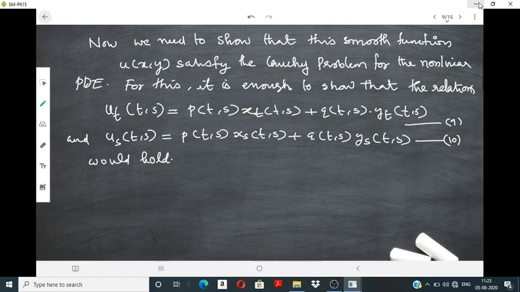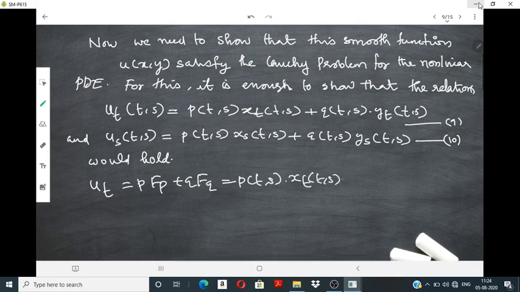We know the third characteristic equation. What was the third equation? ut is equal to pfp plus qfq. This was the third equation. So p of ts into fp, and fp is xt at ts, plus q of ts into yt, and yt is actually fq at ts.